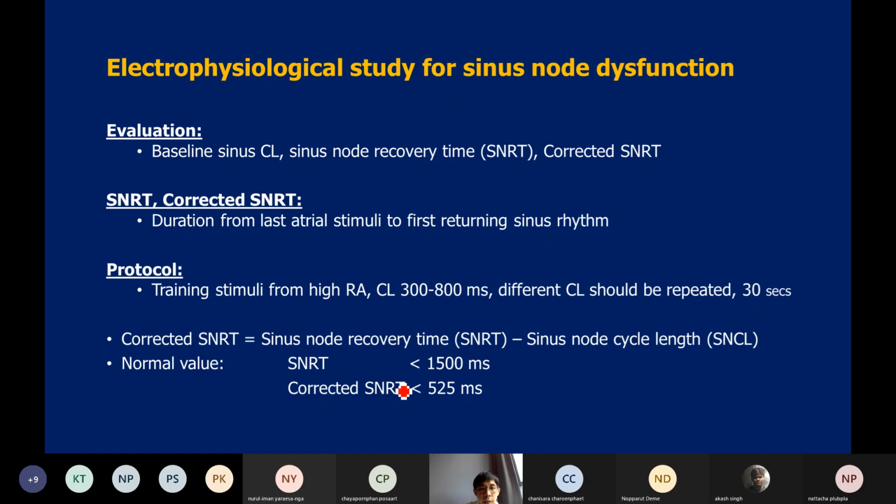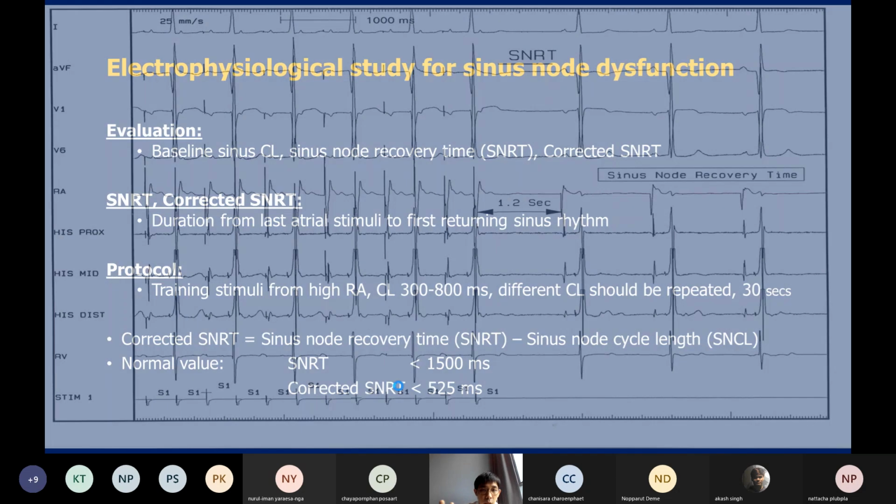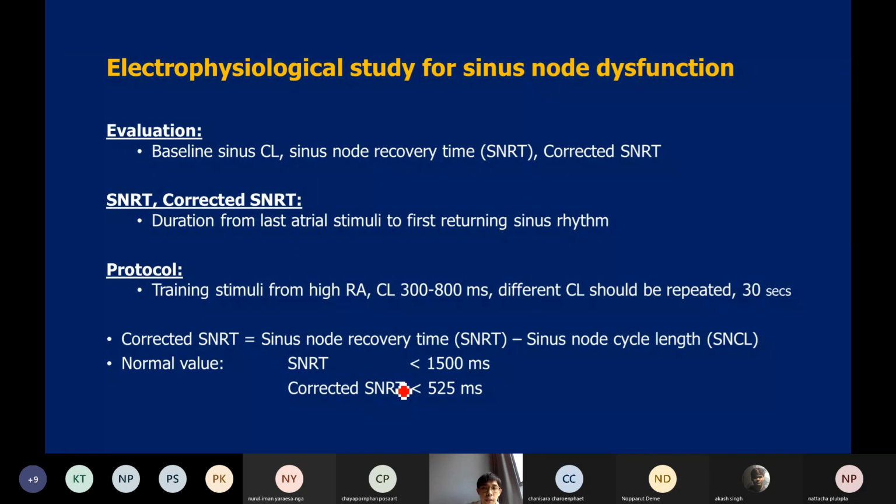And we evaluate the sinus node recovery time and corrected sinus node recovery time. I will explain it in the next slide. Don't worry about this one. Just remember the name, the sinus node recovery time.